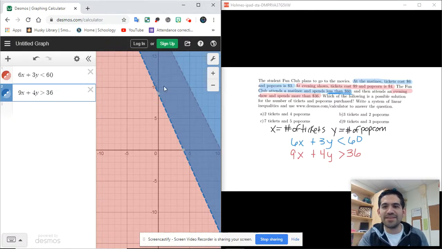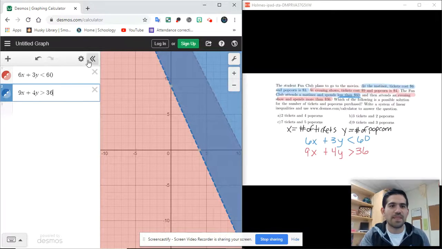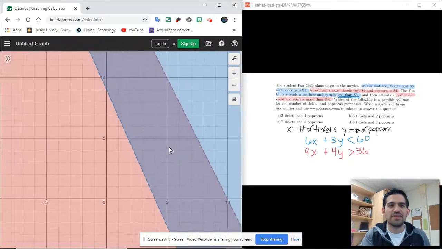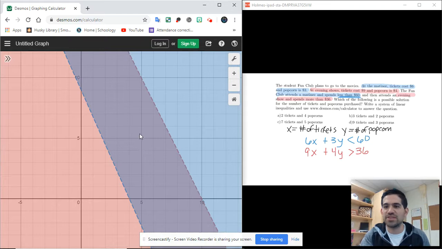Now that I have these, I'm going to make this a little bigger so we can see. Remember, we're focused on the shaded area that overlaps. So not the blue section, not the red section. We're interested in the part that they both have in common. This is where our solution set is going to exist.